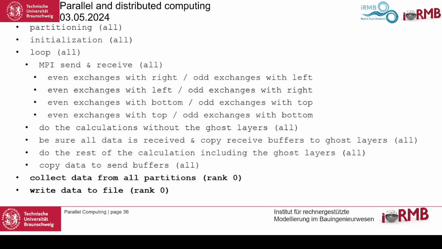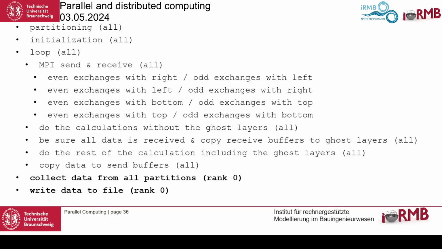Every process will write out its own file, and then you need special software that can open this distributed file system. For smaller problems, what you usually do is collect your results in one of your ranks, for example rank 0, and this rank 0 does the output. Here again, you need MPI because all the data has to arrive in one place.